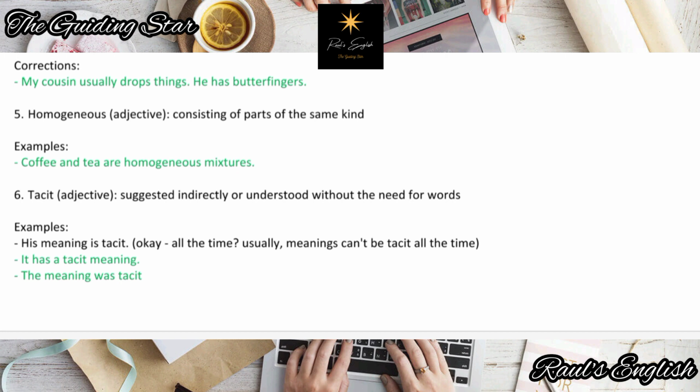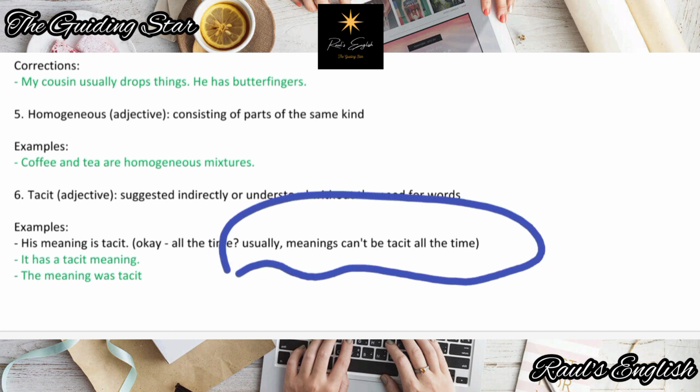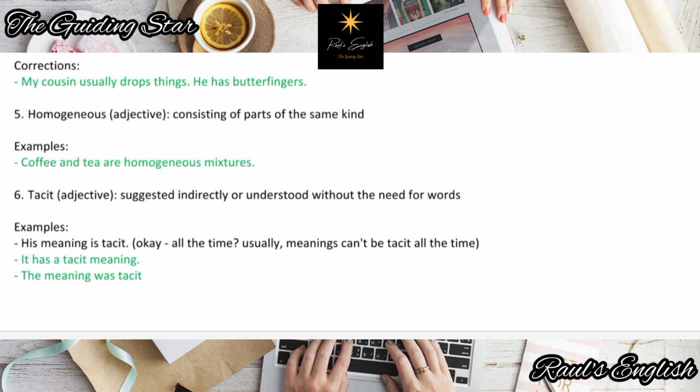If it's tacit all the time, in that context it is correct. However, usually meanings aren't tacit all the time. But if you are trying to use it in a context that is usually so, then it is alright. So it has a tacit meaning. The meaning was tacit. Alright, very good.